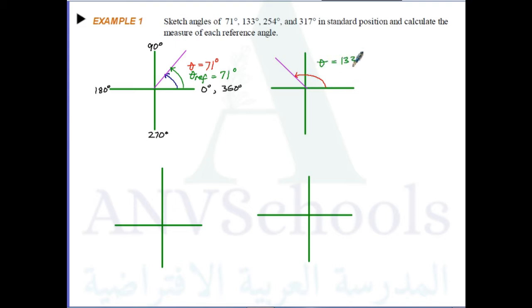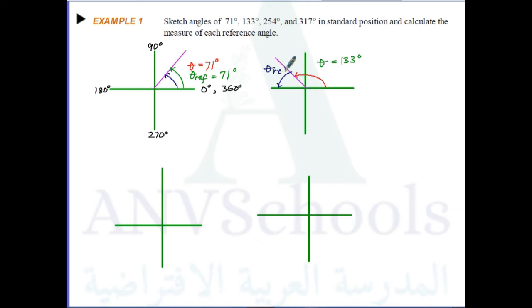133 degrees. But what about our theta ref? We have the theta ref from here to here because it's a positive acute angle in between the horizontal axis and the terminal side. So this is our theta ref.